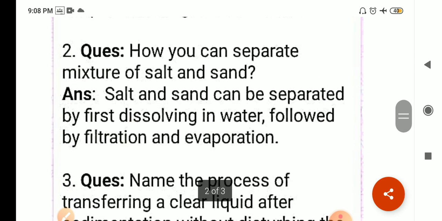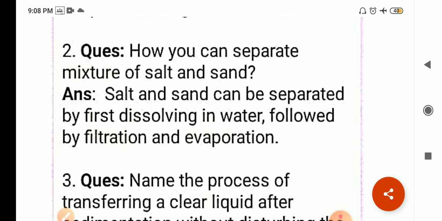Okay. Now, next question to you is how you can separate mixture of the salt and sand. Salt and sand can be separated by using three methods one by one. The first is we have to dissolve this into the water, and then this will be followed by filtration using the filter paper.